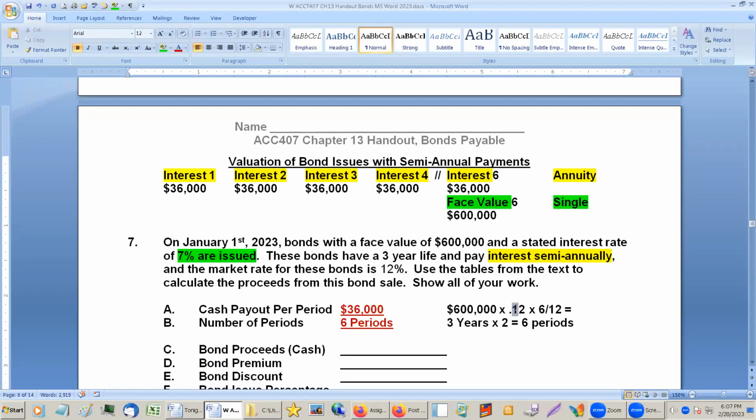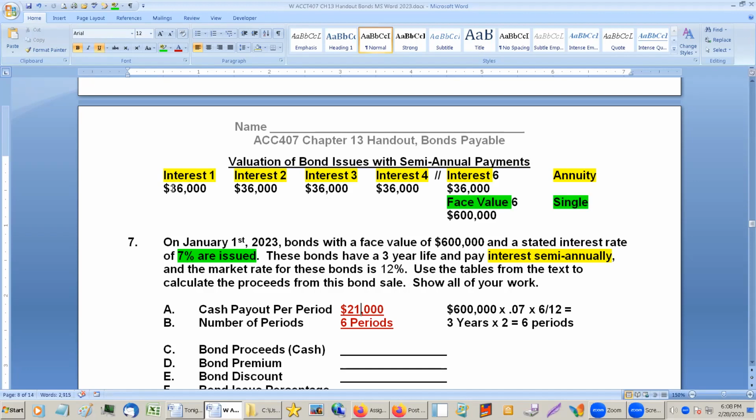Let's try that again. So this is 600. So the 36 is wrong. It's 21,000.